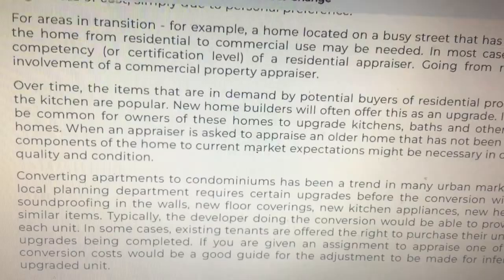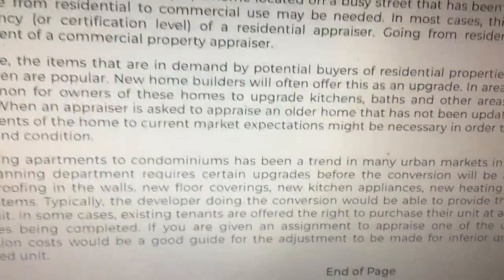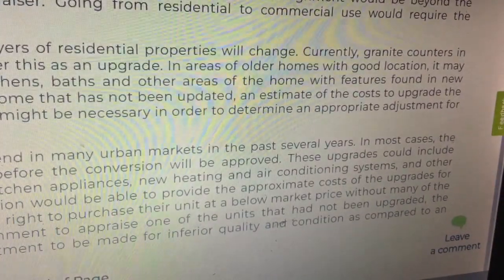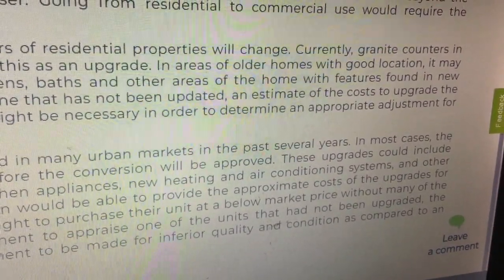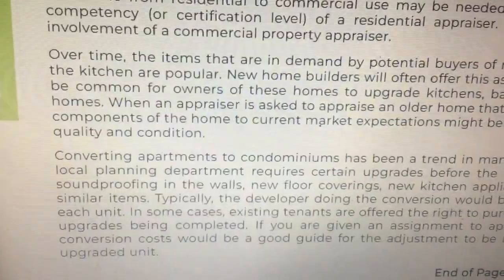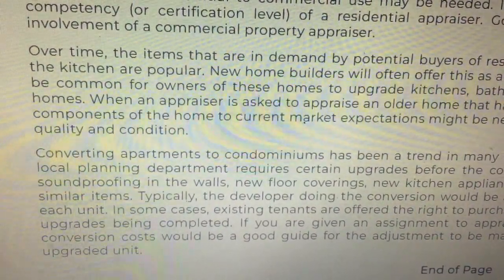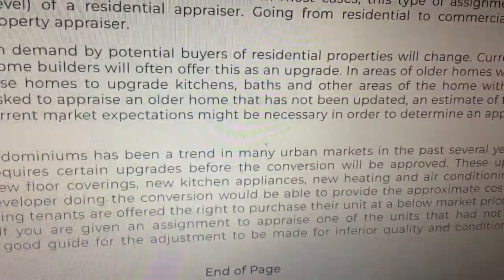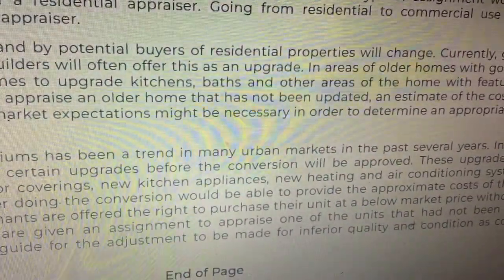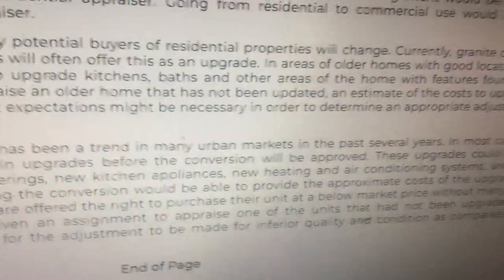Over time, the items that are in demand by potential buyers of residential properties will change. Currently, granite counters in the kitchen are popular. New home builders will often offer this as an upgrade.